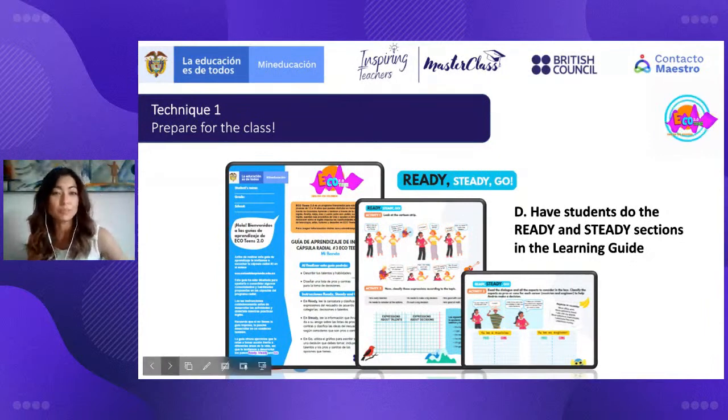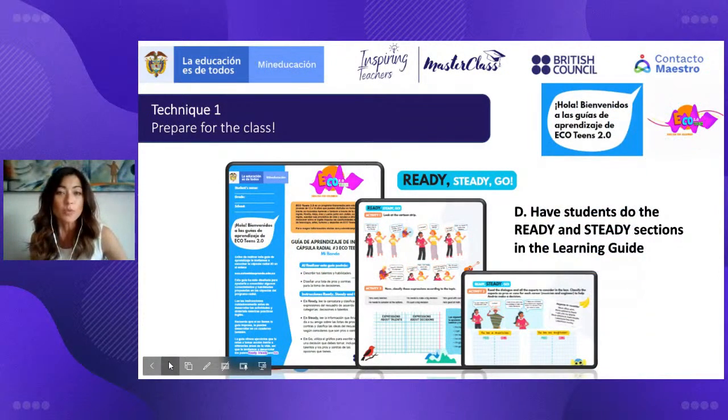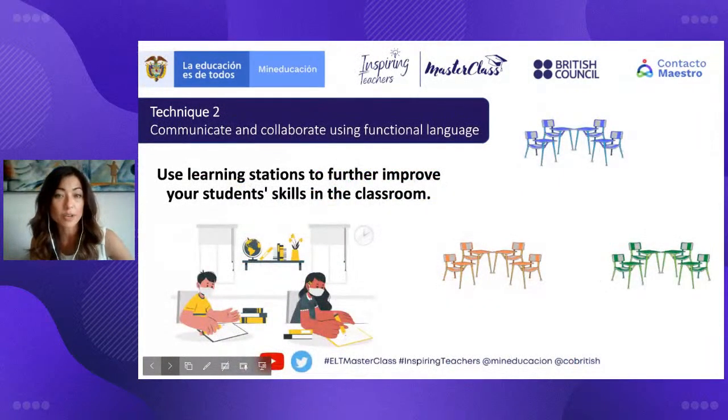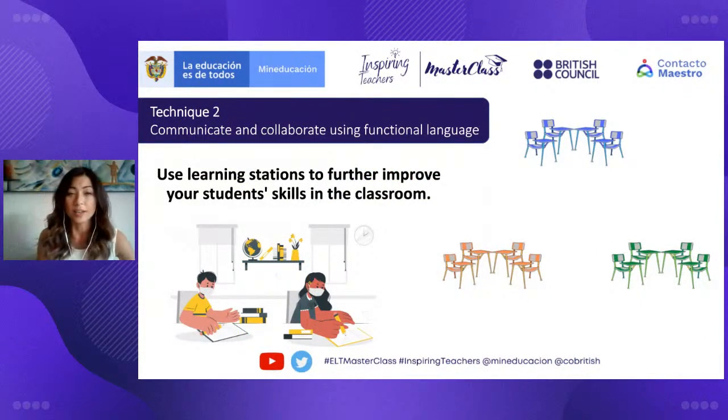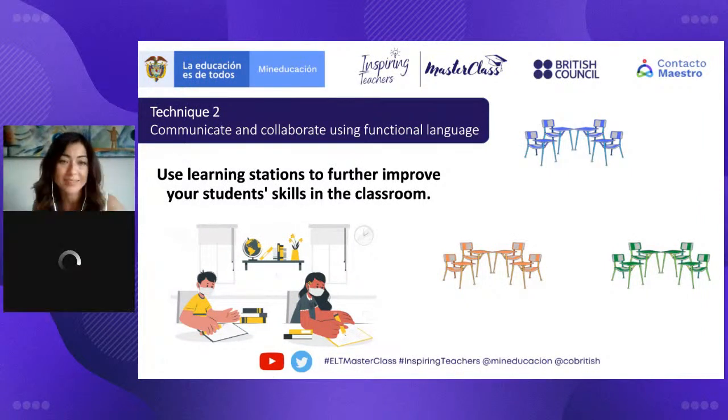So that's about what the students can do here in the learning guide. Can we move on to the next? And of course, yes, you can find these guides in the Guía de Aprendizaje EcoTeens 2.0, or also at EcoWeb, of course.